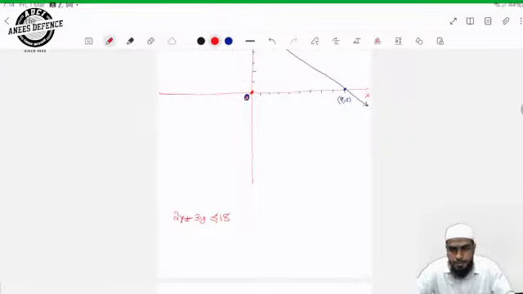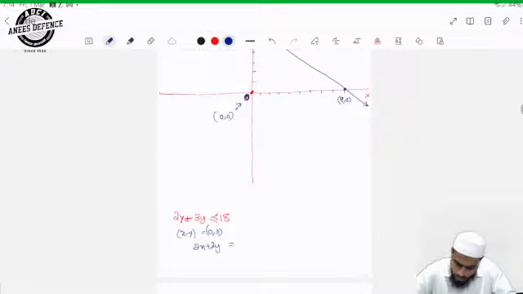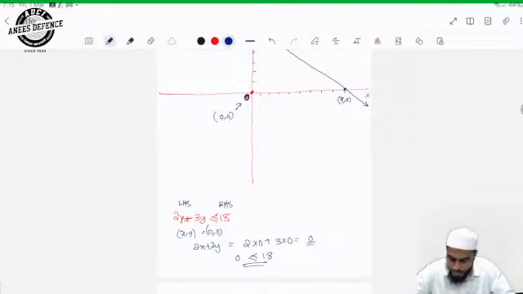If you take the origin 0 comma 0 and put x comma y equal to 0 comma 0 in the left side, 2x plus 3y, you get 2 into 0 plus 3 into 0, so 0 plus 0 is 0. It is clear that 0 is less than or equal to 18. This is our LHS and this is our right hand side.